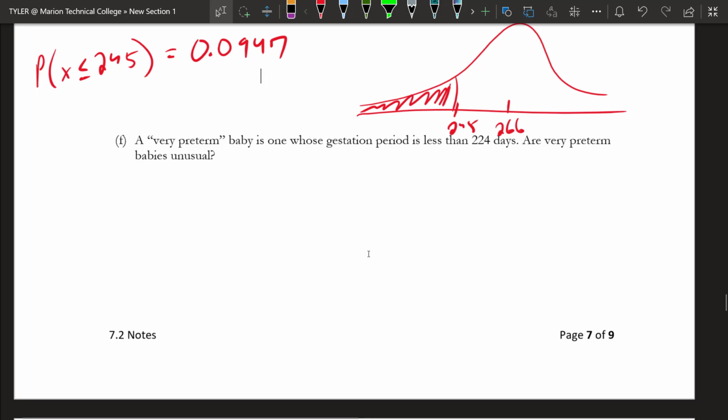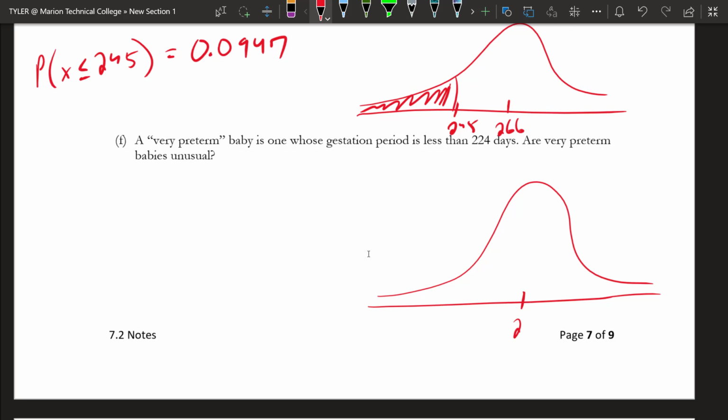Right. So part F says a very preterm baby is one whose gestation period is less than 224 days. Are very preterm babies unusual? Right. So remember, probability less than 0.05 we consider to be unusual, right? So if we start just drawing a picture really quick. In the center would be 266 days, and then over here would be 224. I want to find this area less than, right?